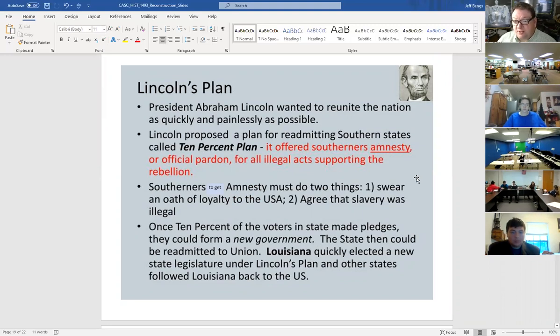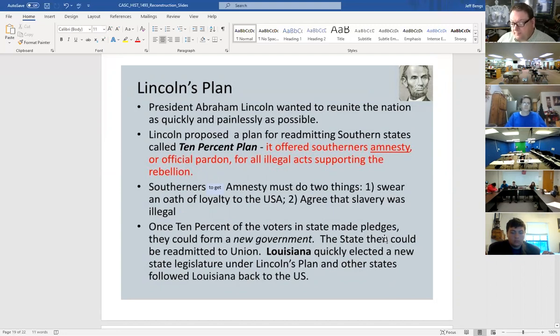If one of the southern states, for example, Alabama, whenever 10% of the population of Alabama took an oath to be loyal to the United States, and then that 10% also agreed that slavery would be illegal, once they made that pledge, they could then form a new government.